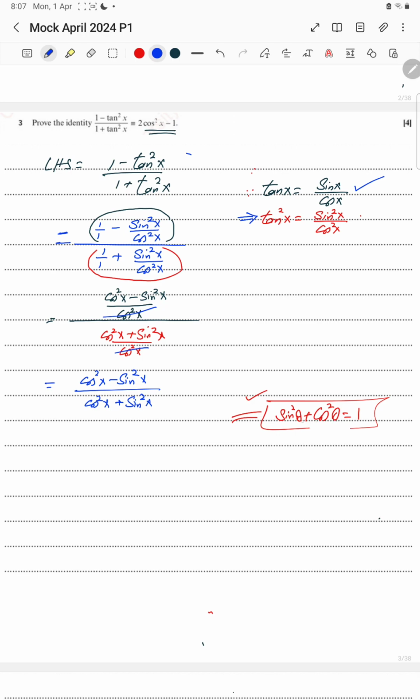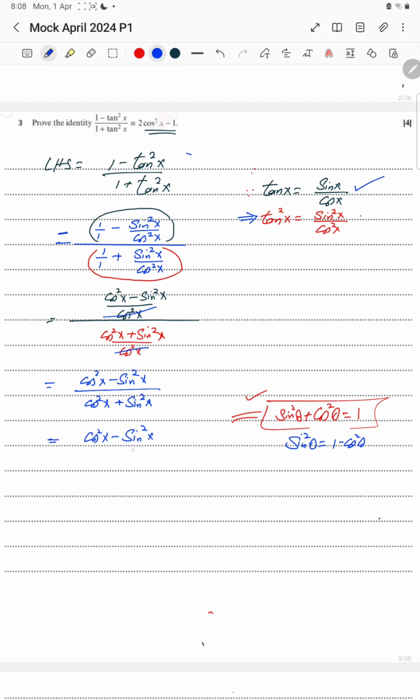And from here we know cos square plus sine square is equal to 1. So the denominator becomes 1, but the numerator will remain cos square minus sine square. On the right hand side, what we have to prove, we need only the cos function. So from here we know sine square theta will be 1 minus cos square theta.